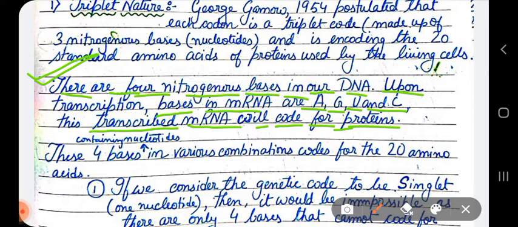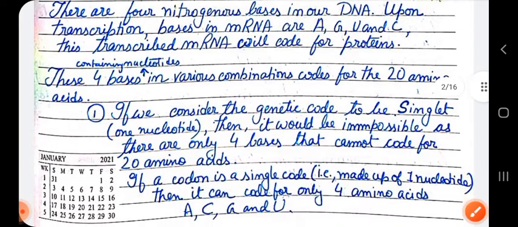Now these four bases containing nucleotides in various combinations code for the 20 amino acids. So the four different types of nitrogenous bases found in the mRNA, in various combinations, will try to encode for the 20 amino acids.